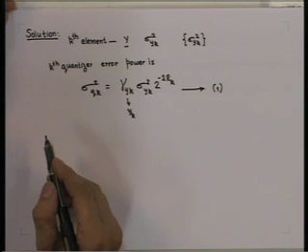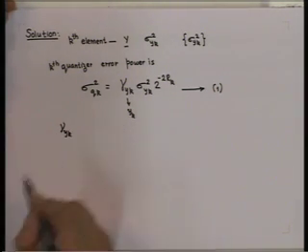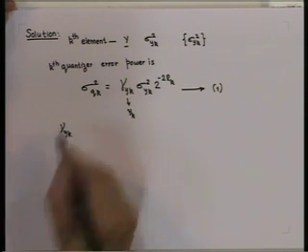Now, we make the simplifying assumption that gamma y k is independent of k.